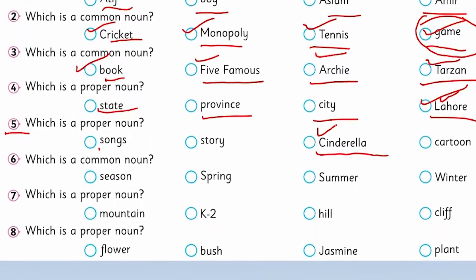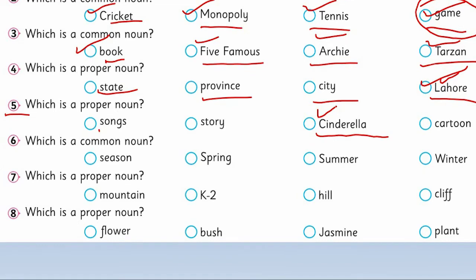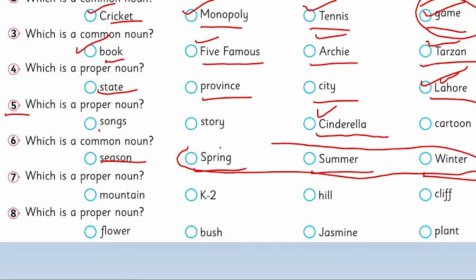Look at the sixth one. Which is a common noun here? Season, spring, summer or winter? Here, all three are included in season. So here, season is a common noun. Look at the seventh one. Which is a proper noun here? Mountain, K2, hill or cliff?